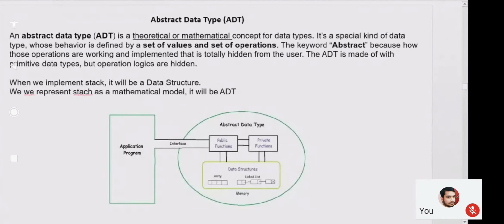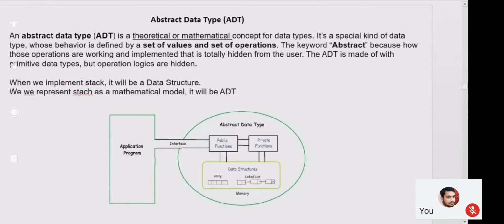If you write A equals B plus C, it means the values of B and C will be added and stored in variable A. So the plus operation is already implemented, and so are subtraction, division, and multiplication.